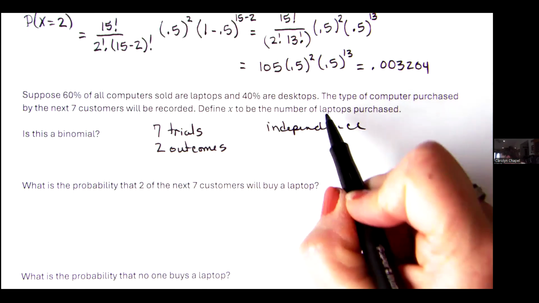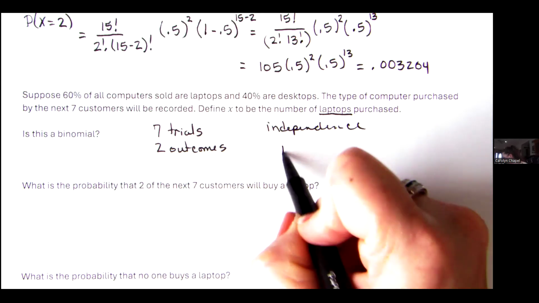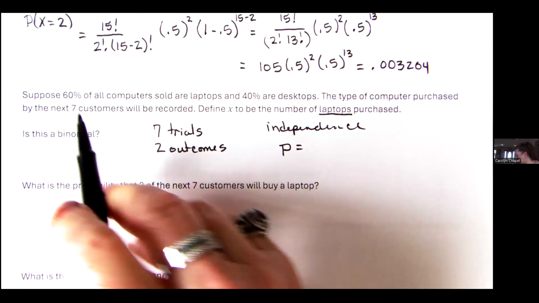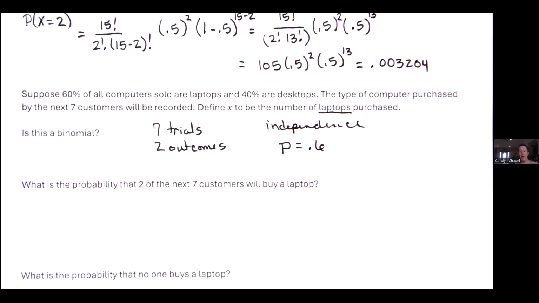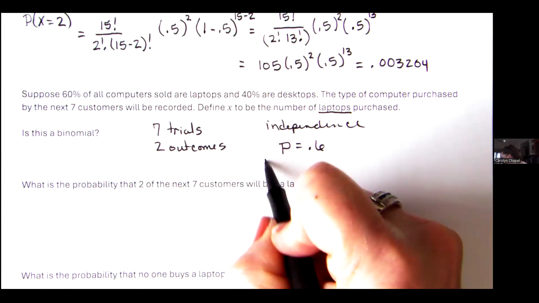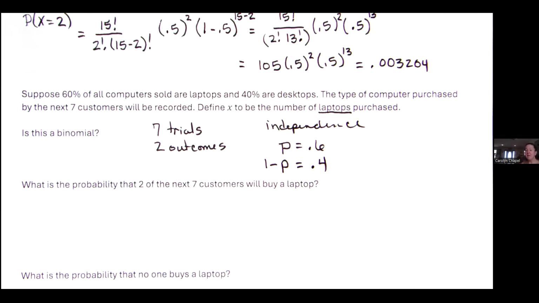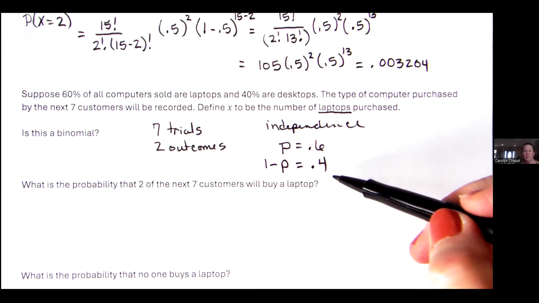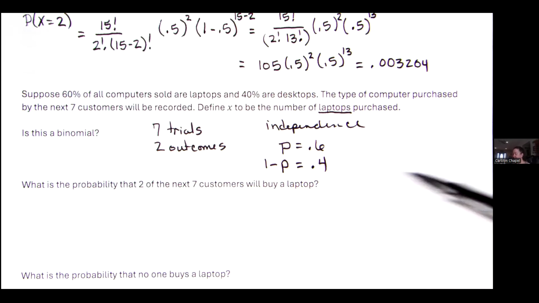Now, our success is defined by buying a laptop, and that probability is the 60%. So that's going to be my probability of a success. My probability of a failure will be that 0.4. So I'm going to put this right into my formulas right away. So here's my success, here's my failure.